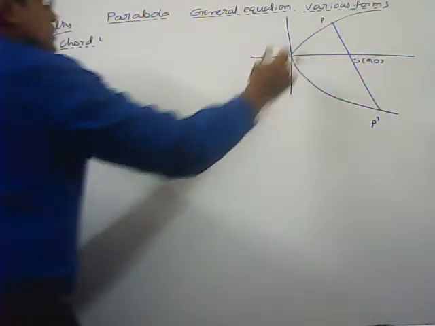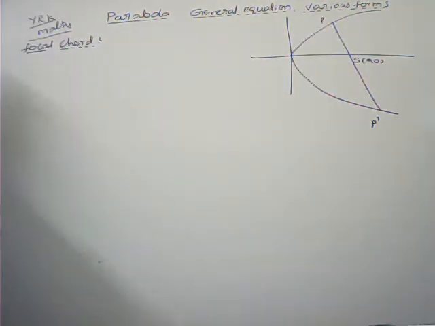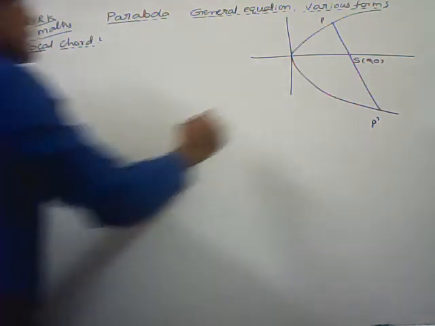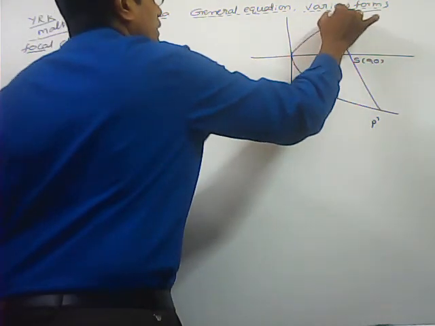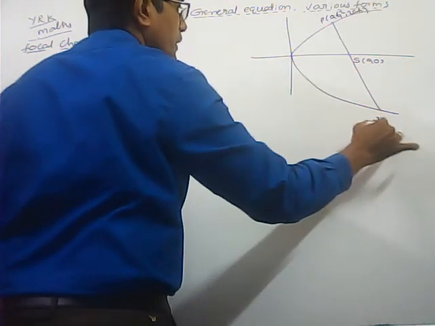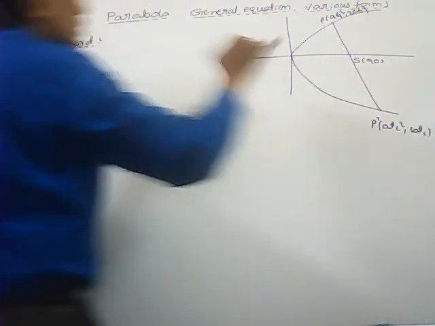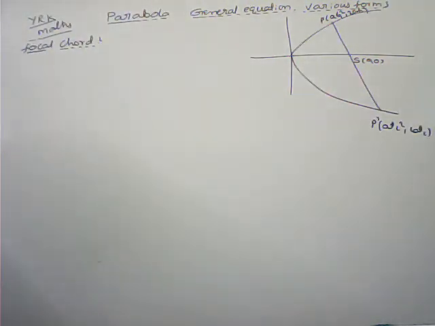The distance from any point to the focus is the focal distance. Now I take the points (at1², 2at1) and (at2², 2at2) as the endpoints of the focal chord.